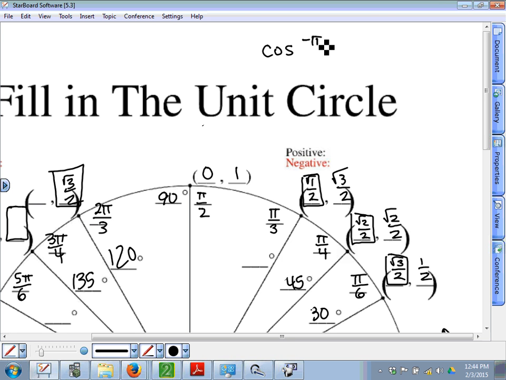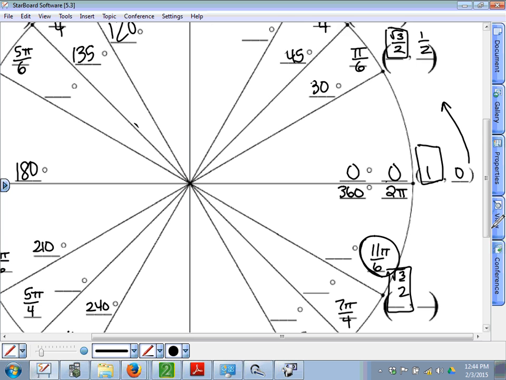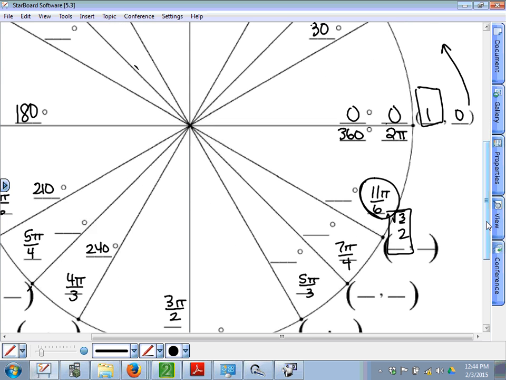What's the cosine of negative pi fourths? Where's negative pi fourths? Come on, you guys, think. So positive pi fourths is this way, right? Negative pi fourths would be coming down here. This is negative pi fourths.